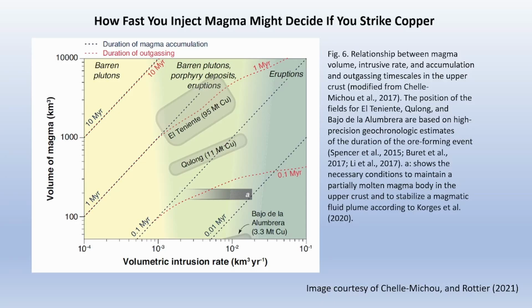That means no melt, no fluids, and no copper. Above it, we are in the right zone for fluid saturation, focused degassing, and eventually ore deposition. Think of this field as your entry ticket into porphyry-forming territory.